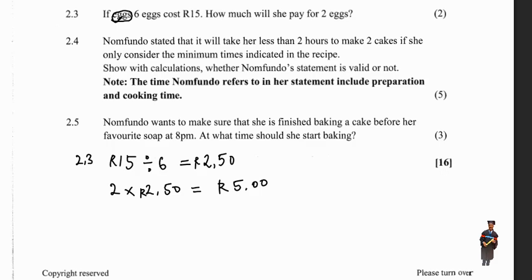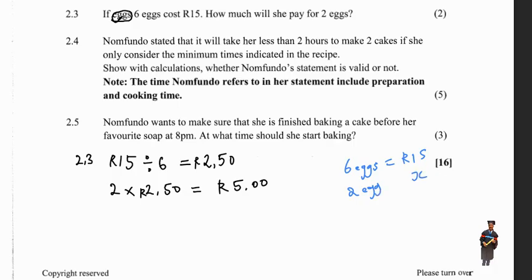So with cross multiplication, you are going to say 6x is equal to 15 rand. And now you want to determine the cost for 2x, so you write the 2x under this x.